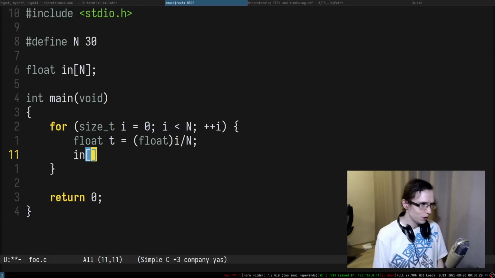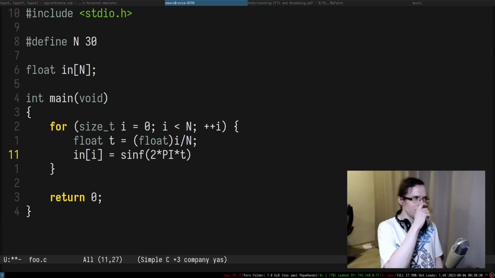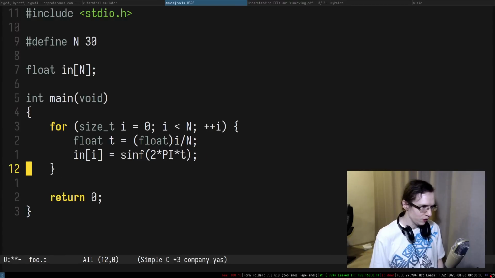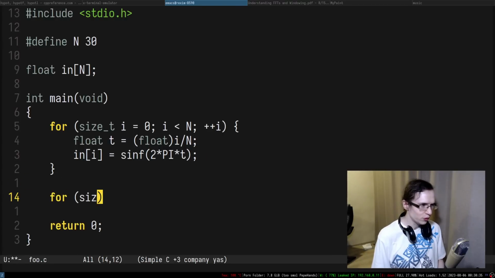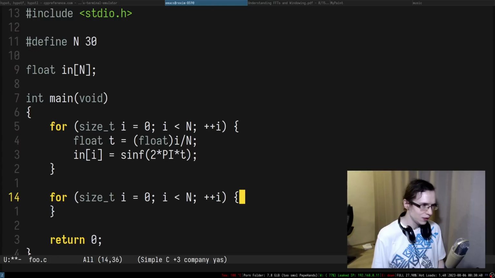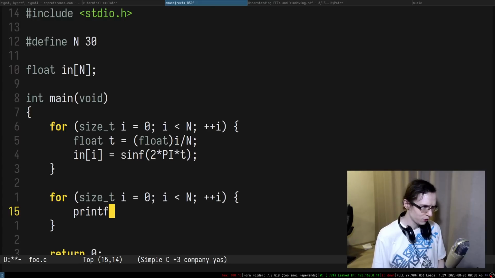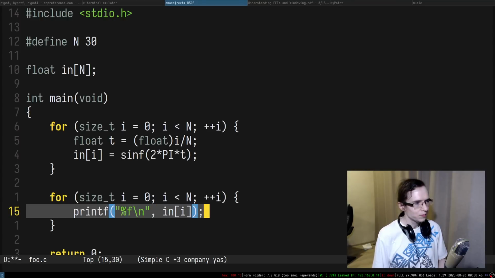Then I assign sine of 2 multiplied by pi multiplied by t. So it's a sine wave of a single period, basically a 1 Hertz frequency. After that we want to print this entire thing, so let's display that signal with printf.